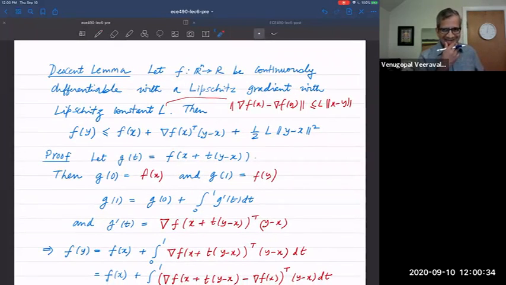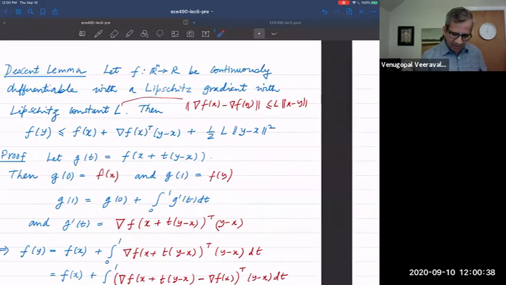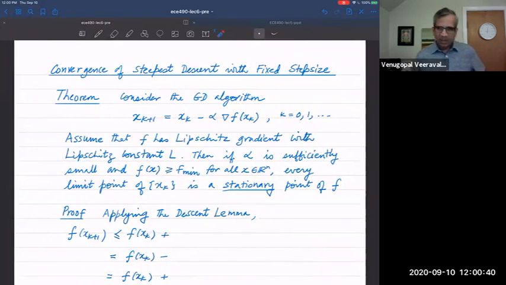Okay, all right, so that's the descent lemma. We're going to use this now in looking at convergence with a fixed step size, or a constant step size. Any questions? Okay.